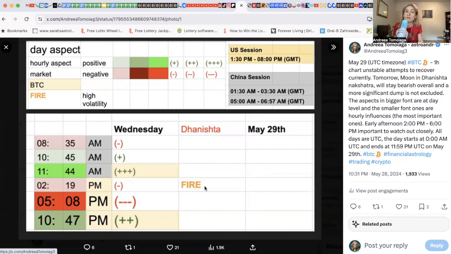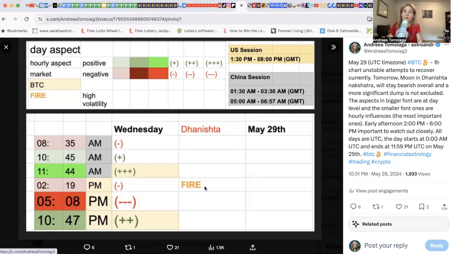So we see in the afternoon hour at 2:19 p.m. This can also give you an idea of what you could expect, for example, in a day. If you see two fires on the same day, usually they manifest quite timely, I would say, because the highest likelihood would really occur when the market and BTC are correlated.